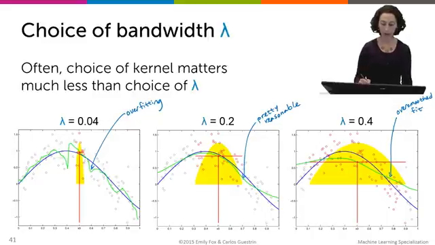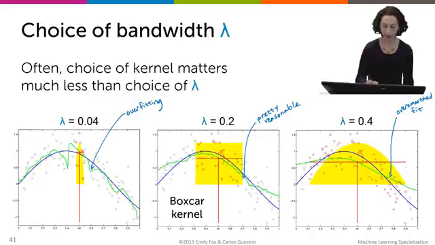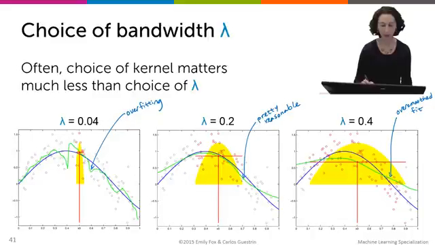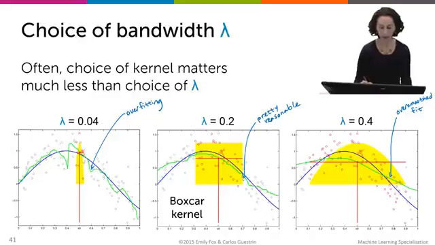But just to show how we're fairly insensitive to the choice of kernel, in this middle plot, I'm just going to change the kernel from the Epanechnikov to our boxcar kernel, where instead of having decaying weights with distance, we have a fixed set of weights, but we're only going to include observations within some fixed window, just like the Epanechnikov kernel.